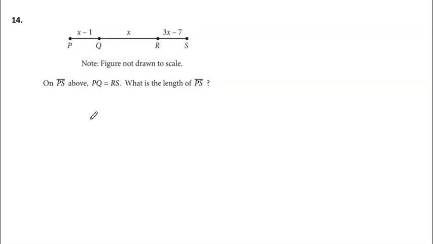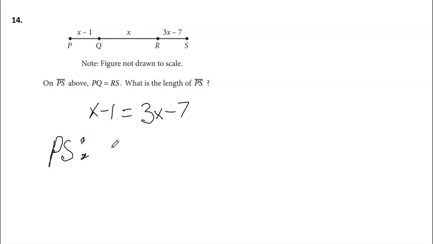So it says PQ, we know PQ to be what? X minus 1. And it says equal to RS, which is what? 3x minus 7, right? So this is an algebraic equation we can solve, right? And the actual ask, or what they want us to do, is to find PS, right?